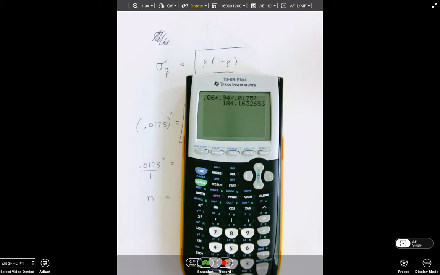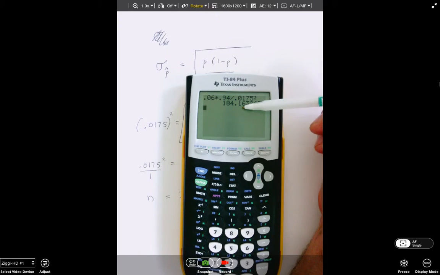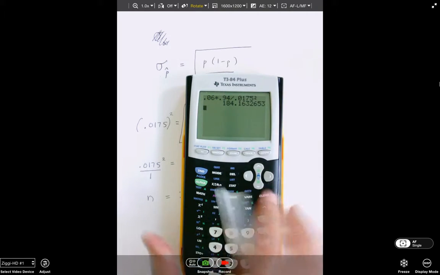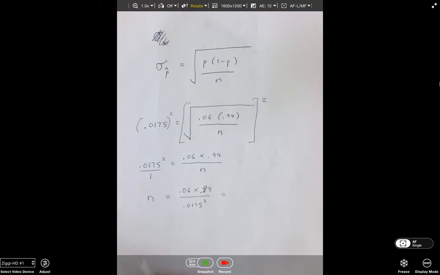And guys, sample sizes, you always round up. This right here, if you were to round appropriately, this would go to 184 because this 0.1 is less than 0.5. Typically, if this is 0.5, we'd round it up to 184. If it's less than 0.5, we keep it at 184. Throw all the typical rounding rules out the window. When you're solving for n, always round up.